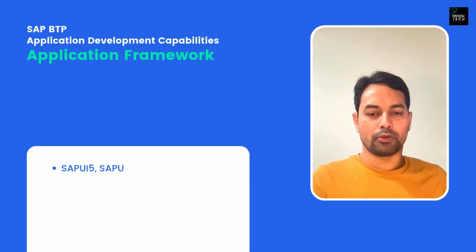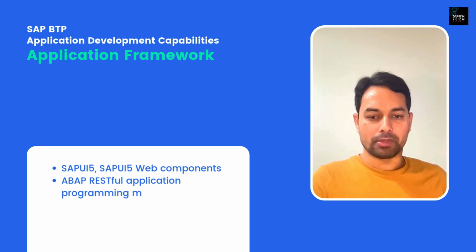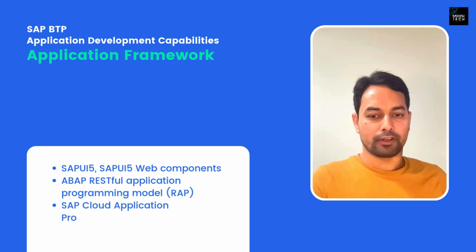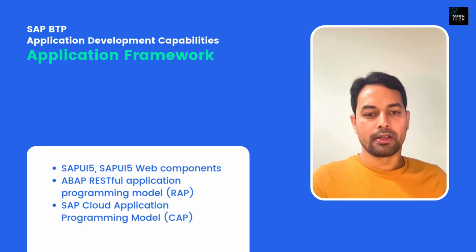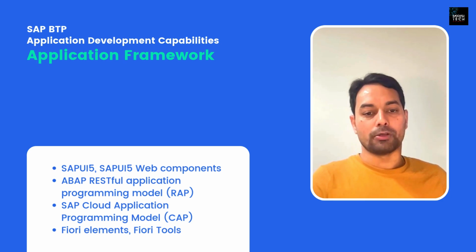Now that we know about the different environments available, let's understand the different application frameworks available on SAP BTP. For Fiori application development, you have SAP UI5 libraries or web components, which you can use for your UI needs. You also have RAP, the ABAP RESTful Application Programming Model, which means you can use ABAP Cloud to build your application. Remember, you need the ABAP Development Tools to develop this.